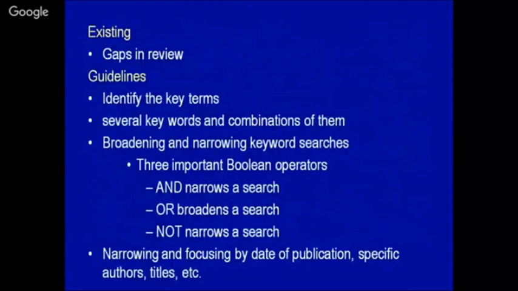So you can see another major drawback which we come across when we read the review of related literature: there are gaps in the review. One study has been carried out.